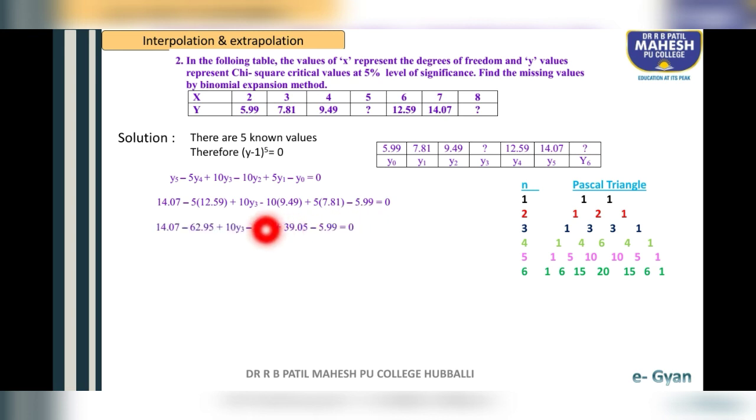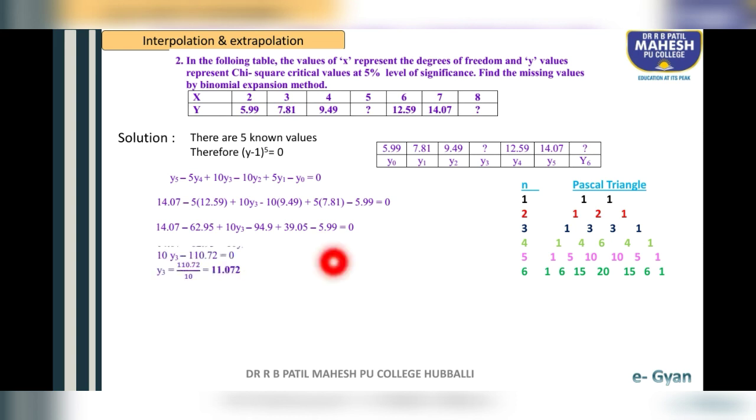After solving this: 14.07 as it is, minus 5 into 12.59 is 62.95, plus 10y3, minus 10 into 9.49 is 94.9, plus 5 into 7.81 is 39.05, minus 5.99 is equal to 0.